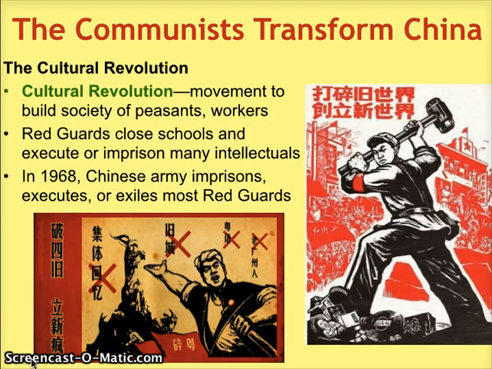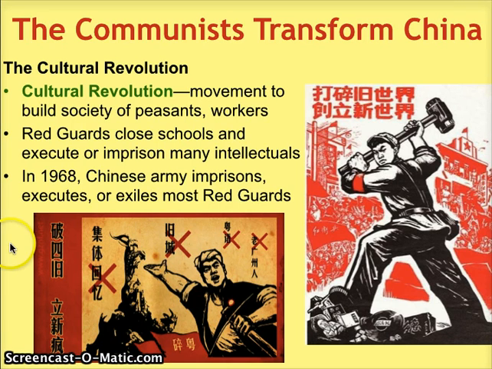This leads to another revolution called the Cultural Revolution. Those Red Guards who are taking a stand for strict communism in China are the ones who lead this Cultural Revolution. It is the belief that society is going to be built on peasants and workers, not on the educated elite.